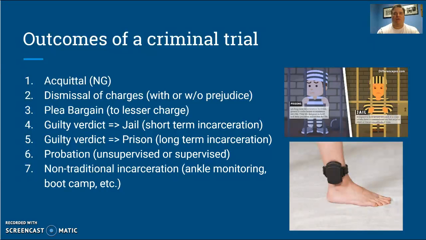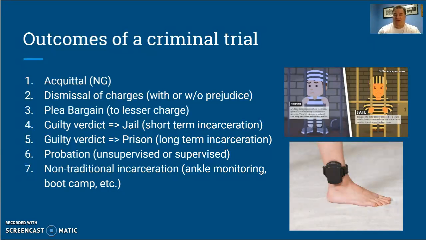Recklessness being a higher level of culpability than negligence, you might plead out to negligent driving, which would be a lesser punishment, let's say. I'm kind of making those examples up on the fly, but you get the idea. You're pleading out to a lesser charge, accepting the certitude of punishment at a lesser level rather than the chance that you could get punished at a much higher level.